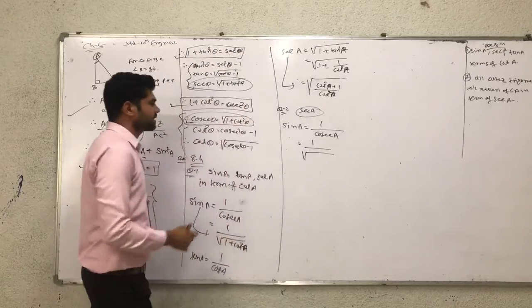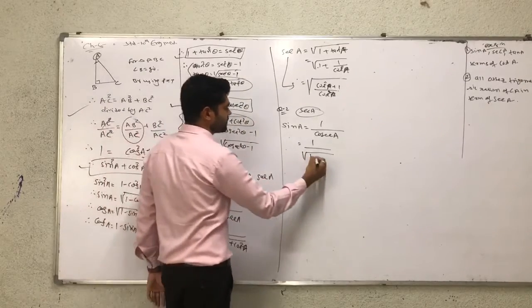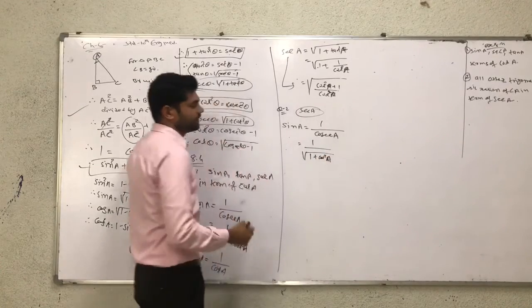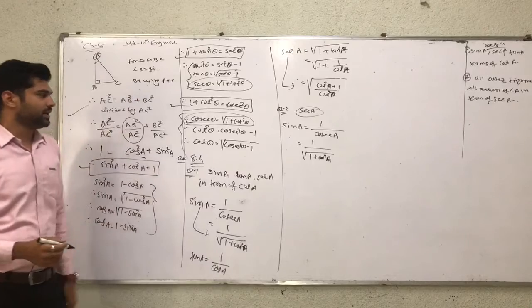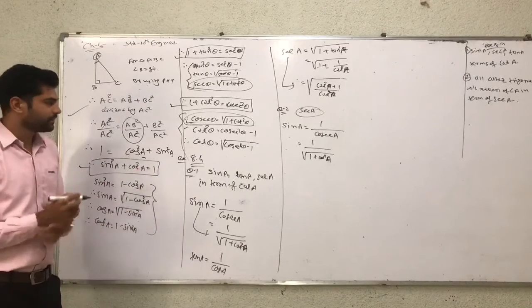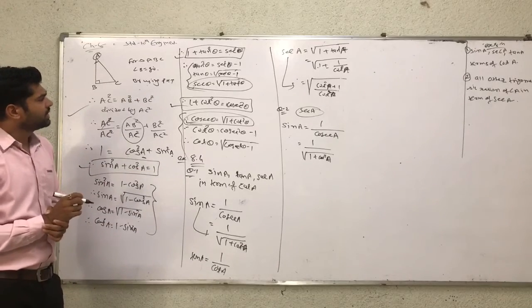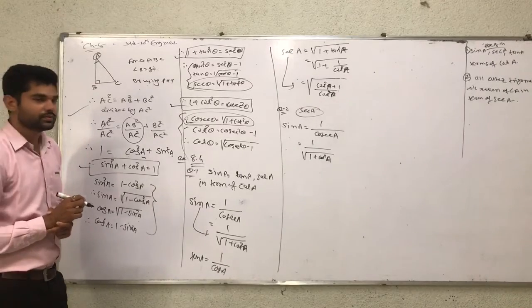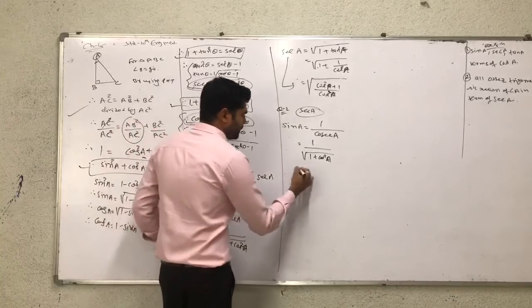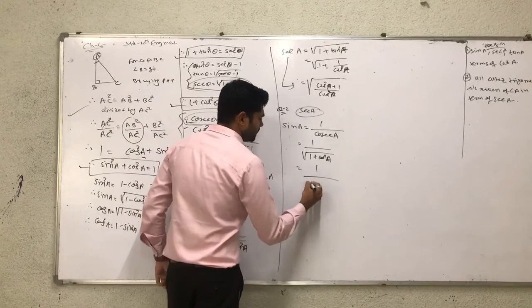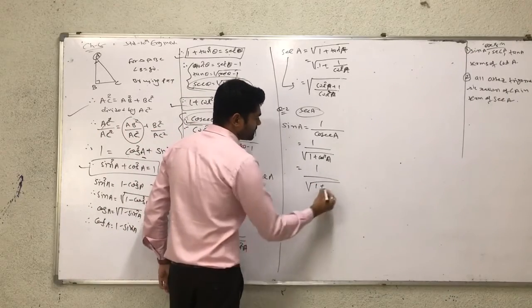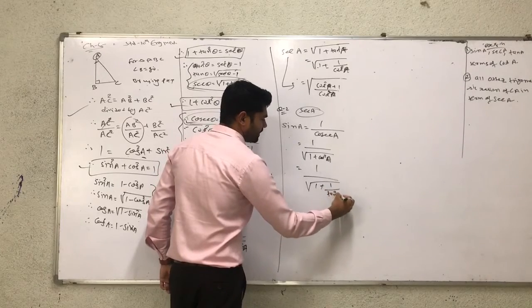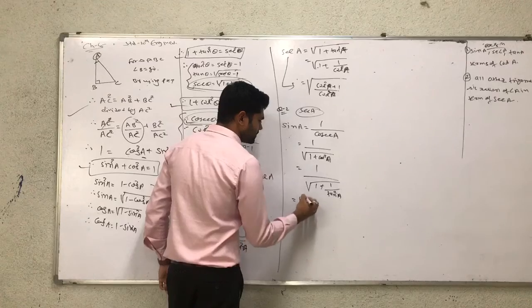In place of sec we have to take 1 plus cot square A. Now 1 plus cot square, both sides taking under root. Now find cot converted into tan. So next, cot means 1 plus 1 upon tan square, 1 upon tan square A.